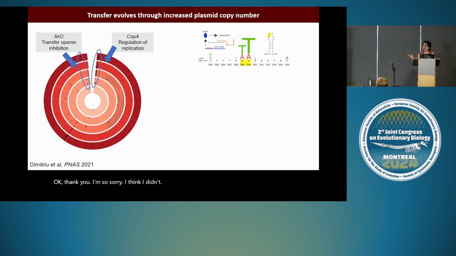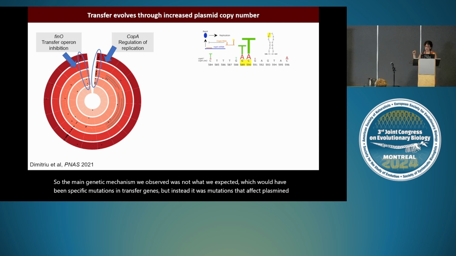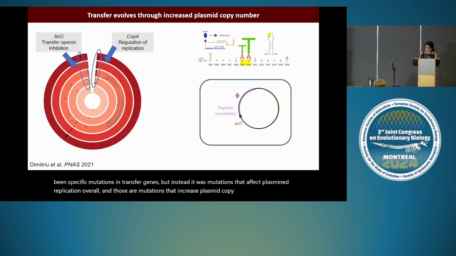The main genetic mechanism we observed was not what we expected, which would have been specific mutations in transfer genes, but instead it was mutations that affect plasmid replication overall, and those are mutations that increase plasmid copy number. The way that we think this works is that plasmid transfer needs expression of the transfer machinery on one side, and then this transfer machinery has to recognize plasmid DNA at a specific small sequence, the origin of transfer, and those lead to transfer.